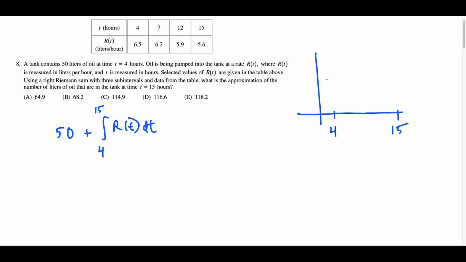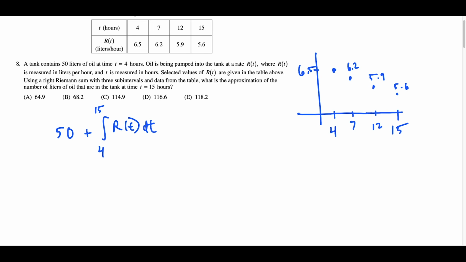But if you have trouble seeing how this works, at t equals 4, we're at 6.5, so we're starting up here. But then at t equals 7, we're not going to draw this to scale. We're going from 6.5 down to 6.2, and I'll write that right above this point. And then at 12, we're going down to 5.9, and at t equals 15, we're going down to 5.6.